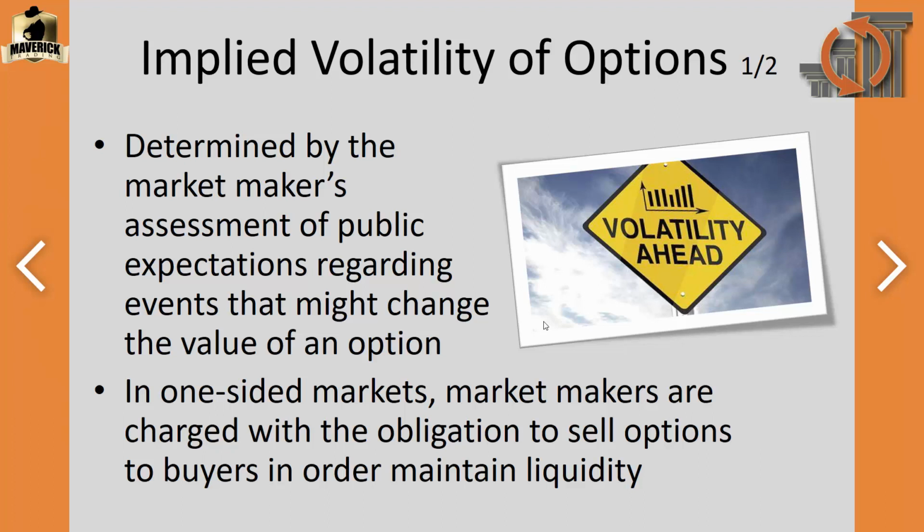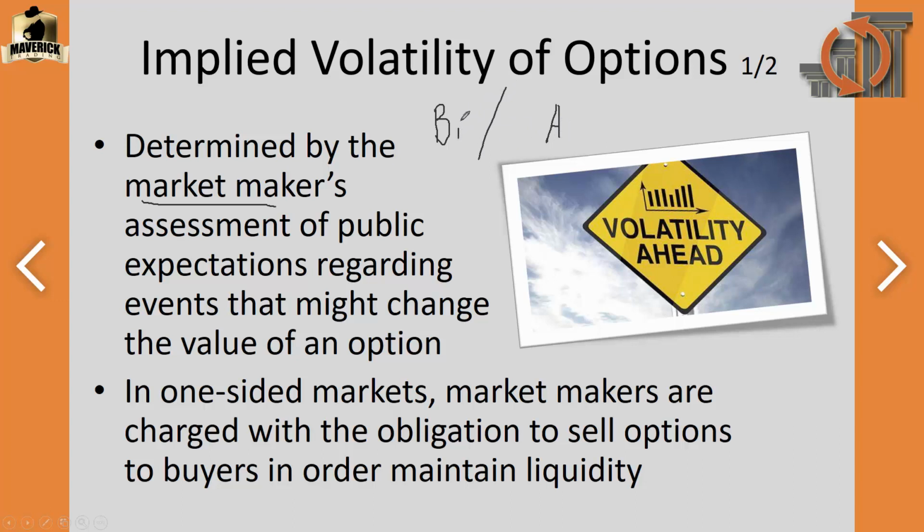Now, if we think about this, again, this is how much the market is requiring. Think about it from a market maker's perspective. In the options market, you have bid and ask prices. The market maker's job is to set a bid and an ask, what he's willing to buy at and what he's willing to sell at.